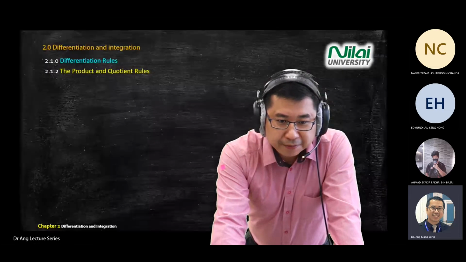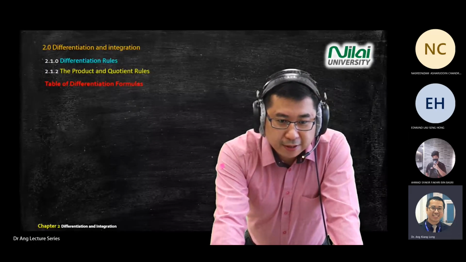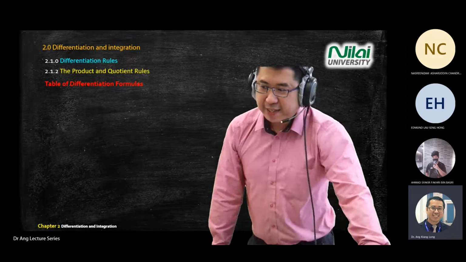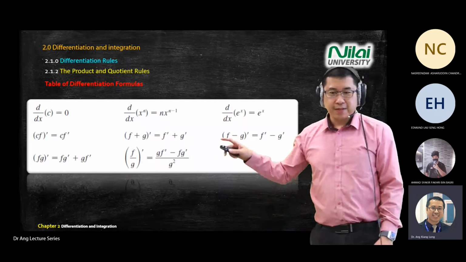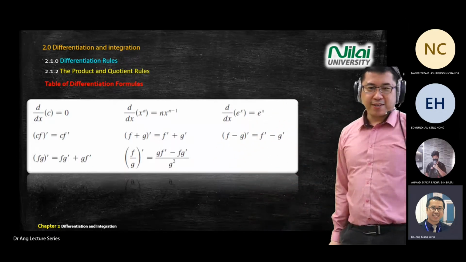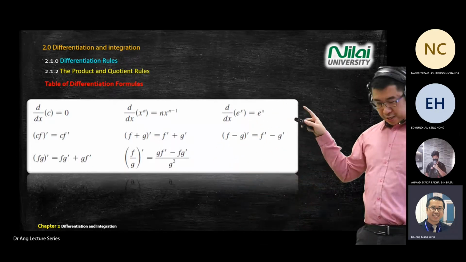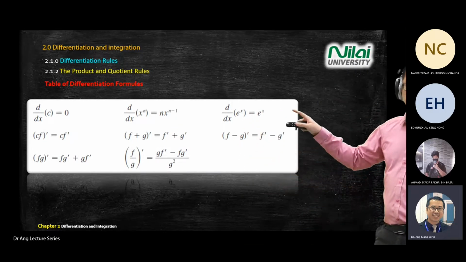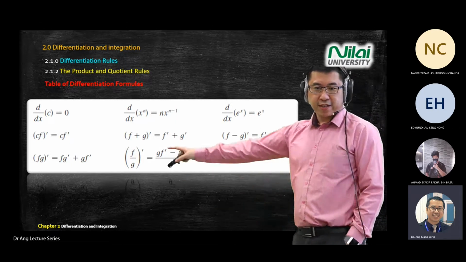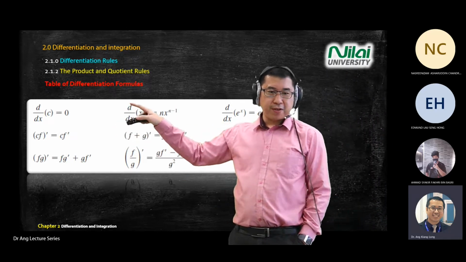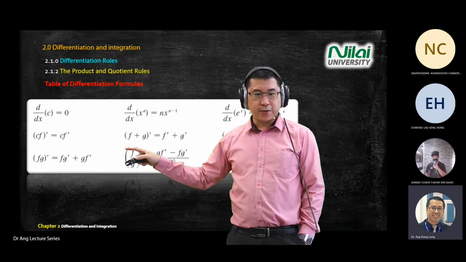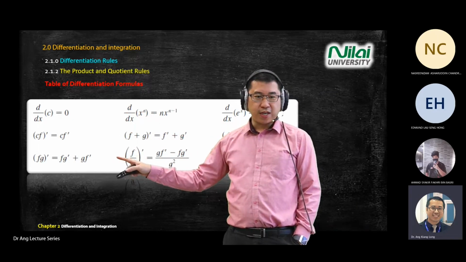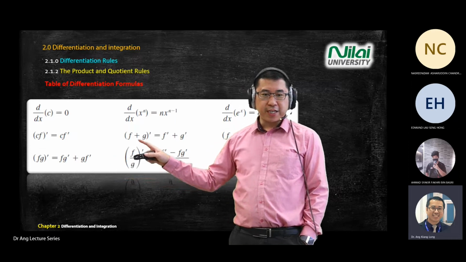Quite lengthy, yeah? What else? Good news for you. I give you this table. This one is your life jacket in test and final exam. This summarizes what we learned so far. For example, if you differentiate a constant value, what do you get, how you solve for multiplication.